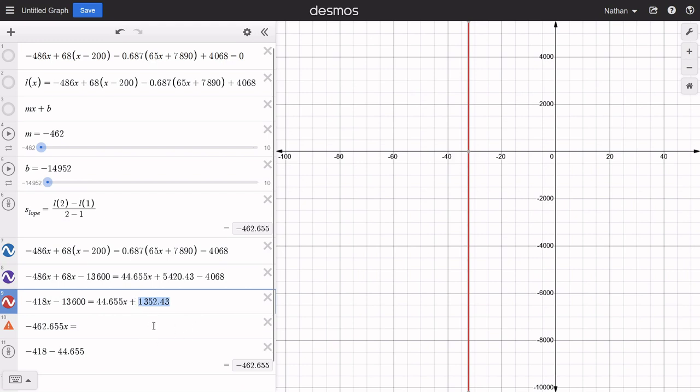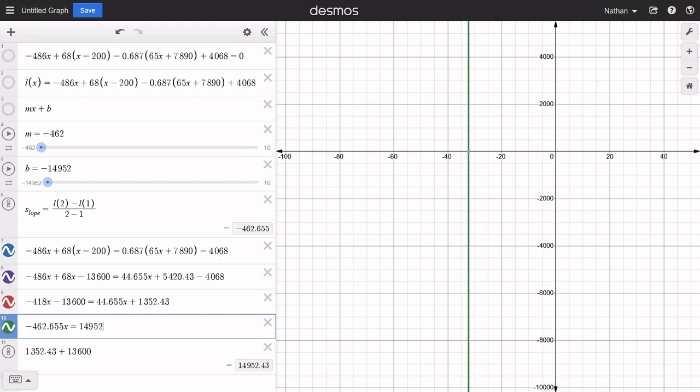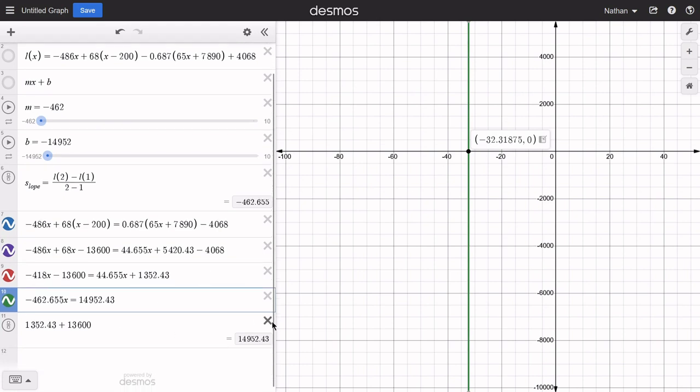So it's going to be this plus this, since I'm adding it over to that side. And I get 14952.43. Once again, it's overlapping the rest of the lines, so I know I haven't changed anything. And again, we should be expecting this value as the result.